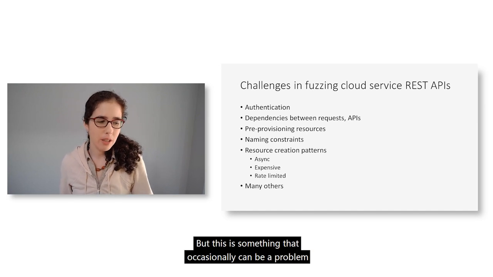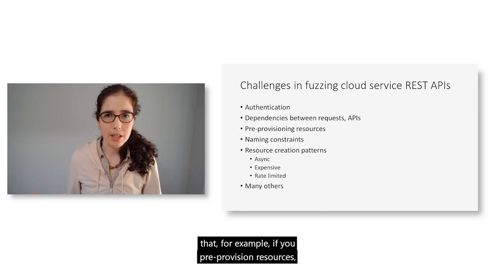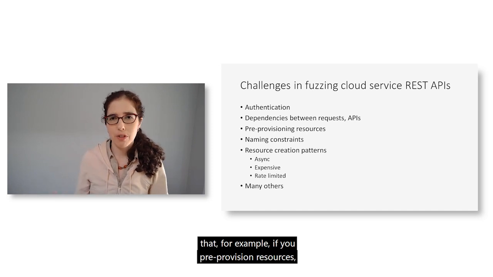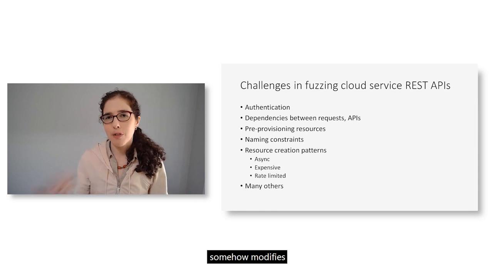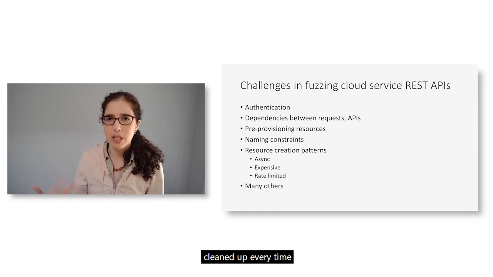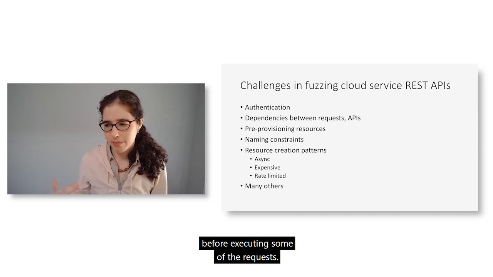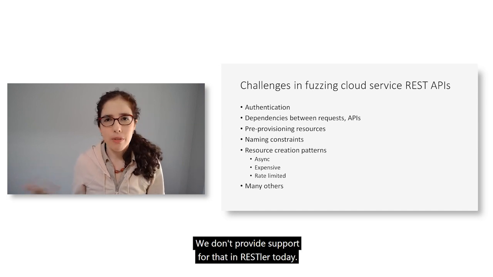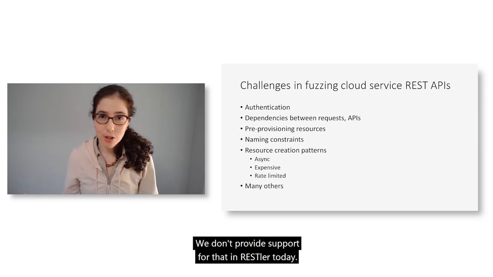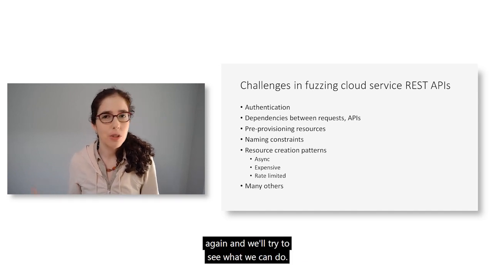But this is something that occasionally can be a problem that, for example, if you pre-provision resources, but then the API somehow modifies those resources such that they have to be cleaned up every time before executing some of the requests. So we don't provide support for that in RESTler today. If you have that use case, definitely reach out to us again, and we'll try to see what we can do.